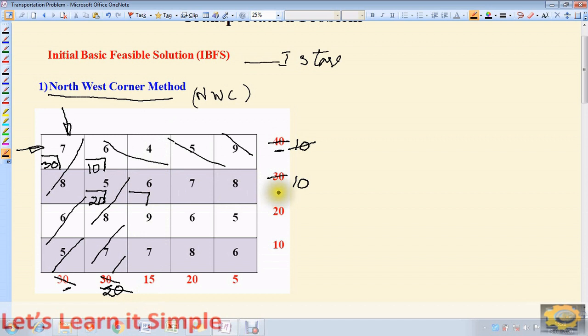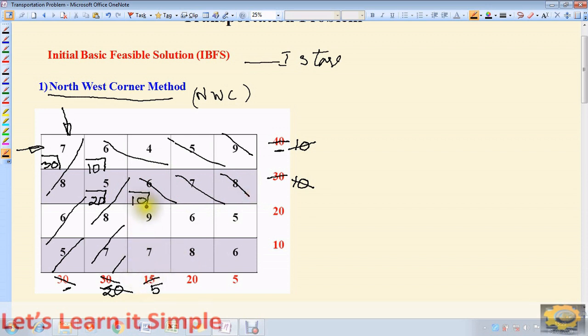Along that row, we have 10. Comparing 10 with 15, 10 is the least, so 10 can be allocated here. After allocating 10, I am left with 5 in the third column. In the second row, the total of 30 is allocated, 20 here and 10 here. Therefore, this also vanishes.